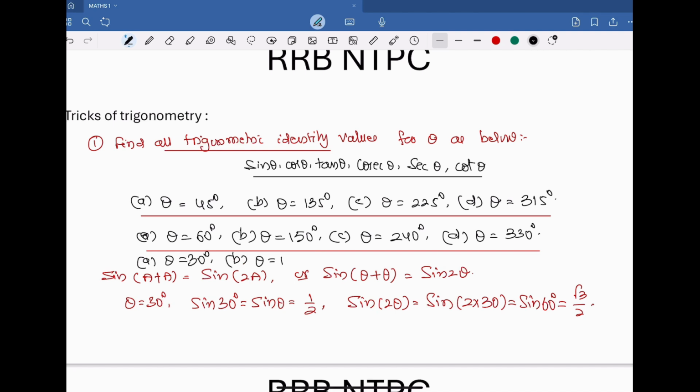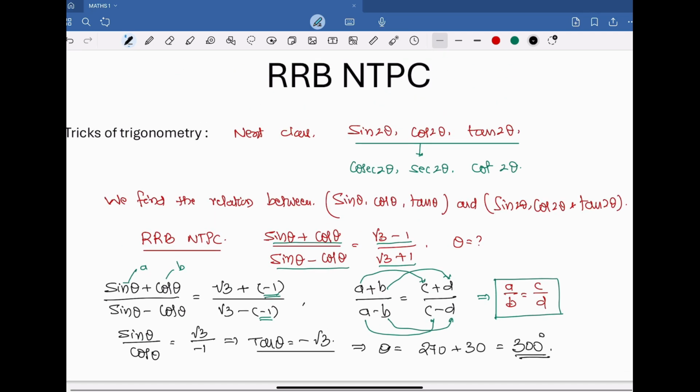Theta is equal to 120 degrees. Theta is equal to 210 degrees. Theta is equal to 300 degrees. You calculate. Then tan 300 is equal to minus root 3.